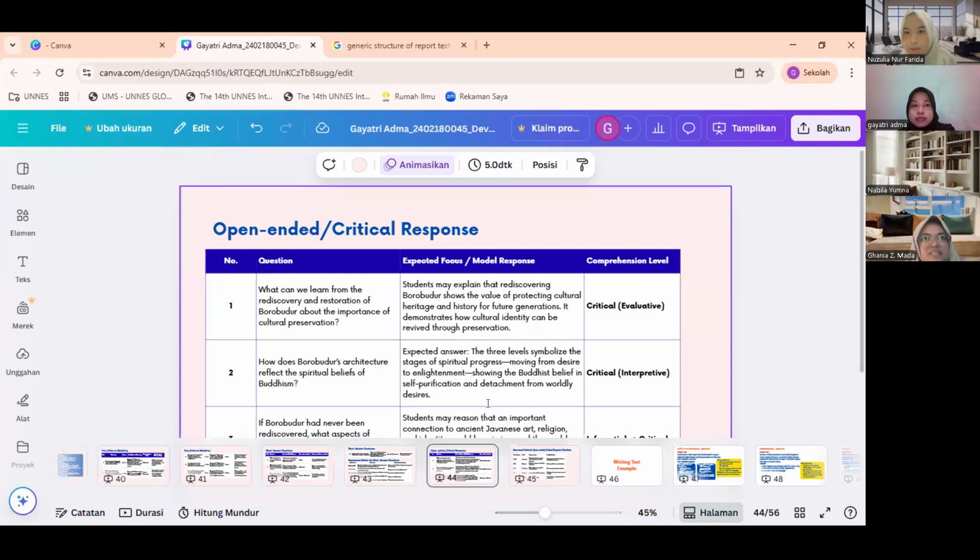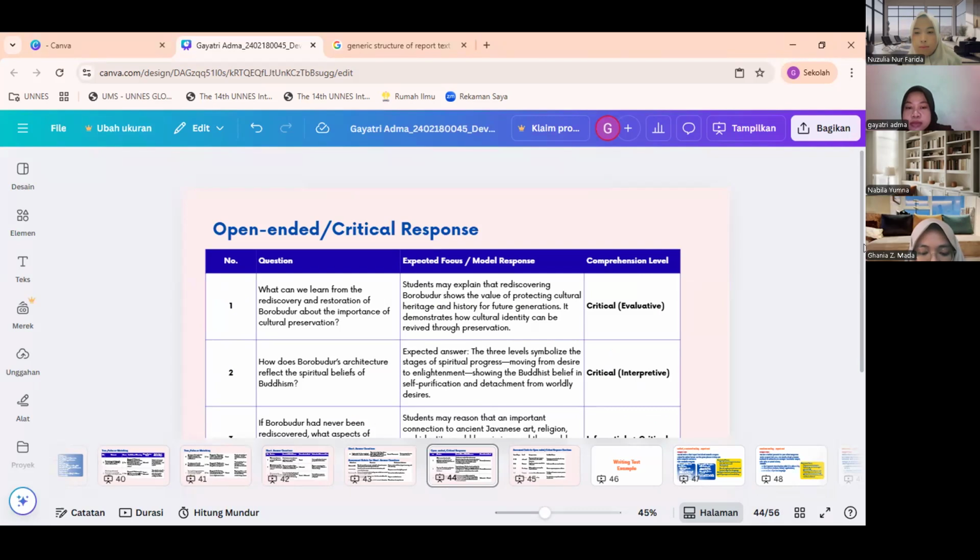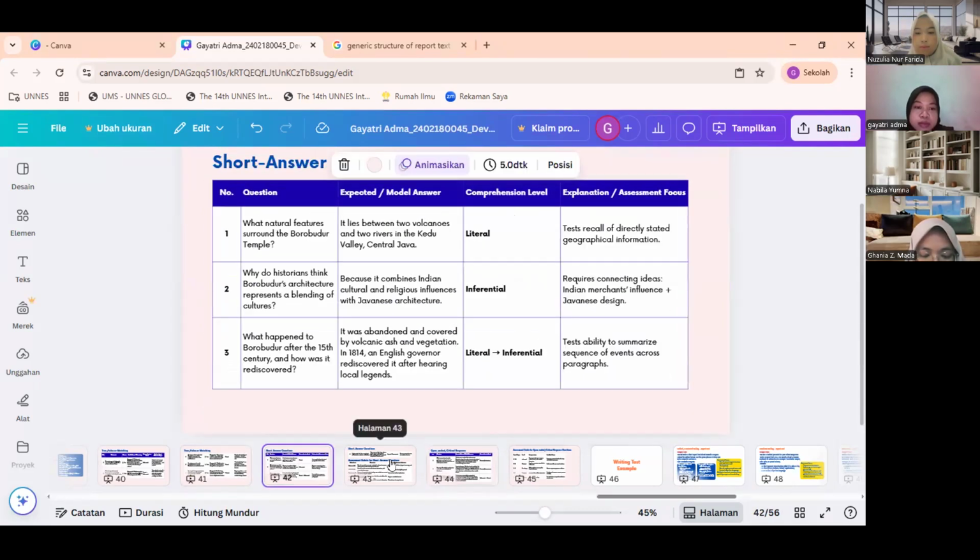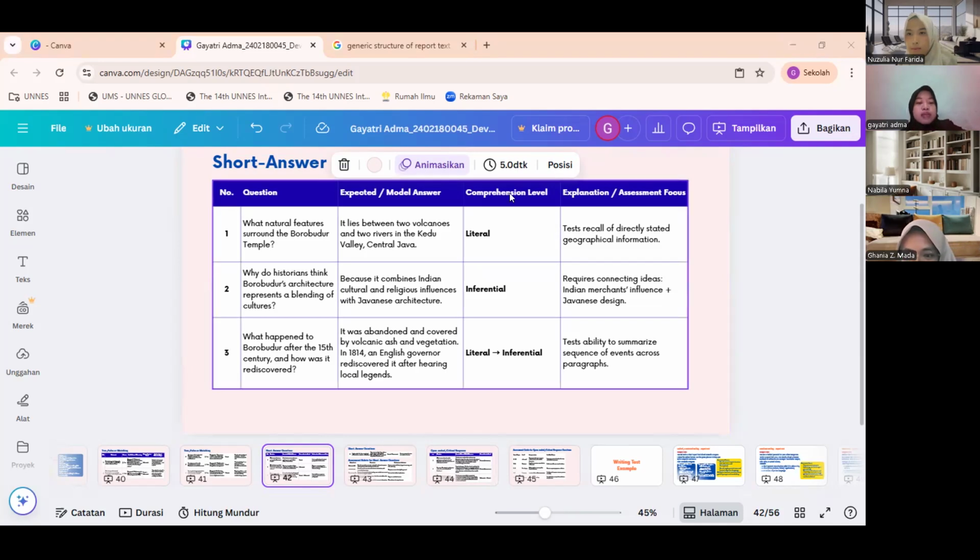In every type of task, it must have a different weight for scoring, for example in short answer and fill in the blank, or in matching, or in multiple choice. How can we know or make each item have a different weighting? Is it based on how difficult the question is, or based on the objectives of each question? Yeah, that's my question, Mbak Gayatri.